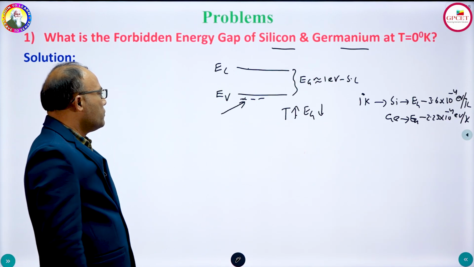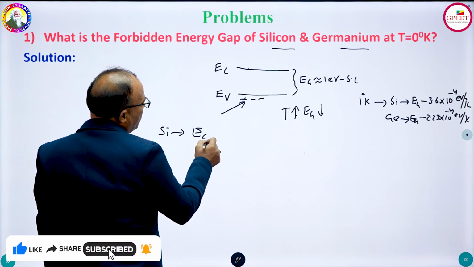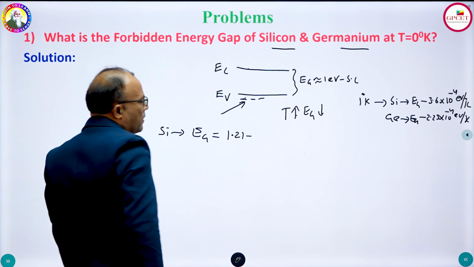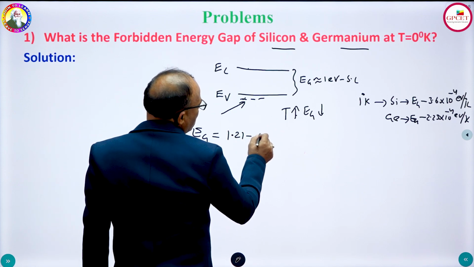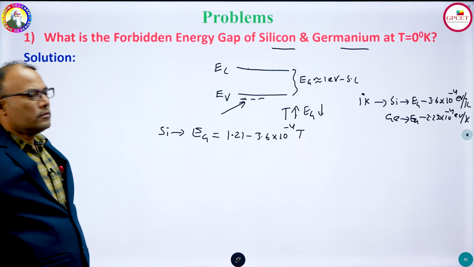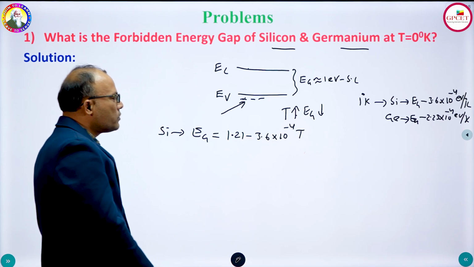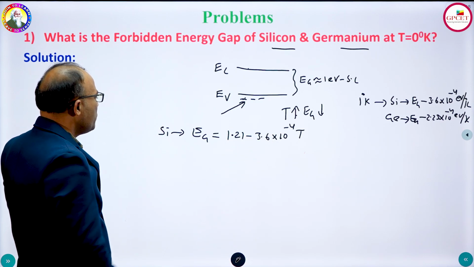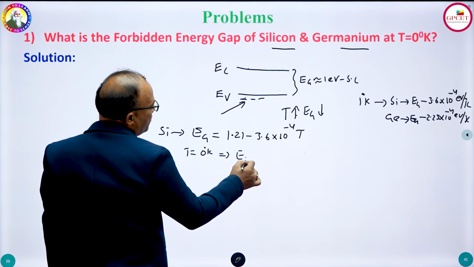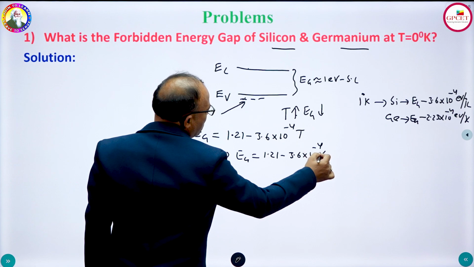Now, for example, for silicon material, I have its energy gap as Eg equal to 1.21 electron volts minus 3.6 into 10 power minus 4 into capital T. For example, T is equal to 0 degree Kelvin, then energy gap is equal to 1.21 minus 3.6 into 10 power minus 4 into 0.